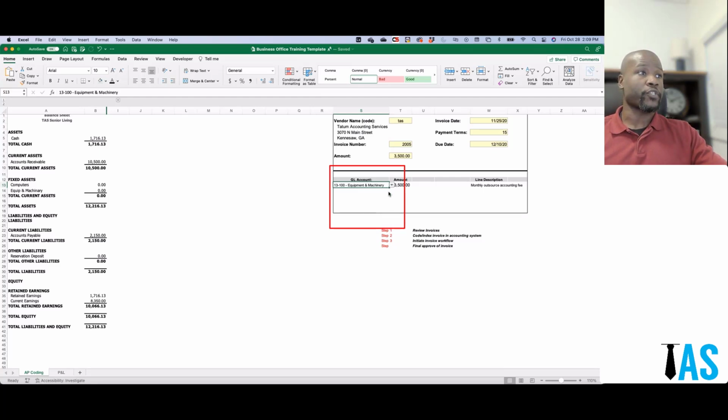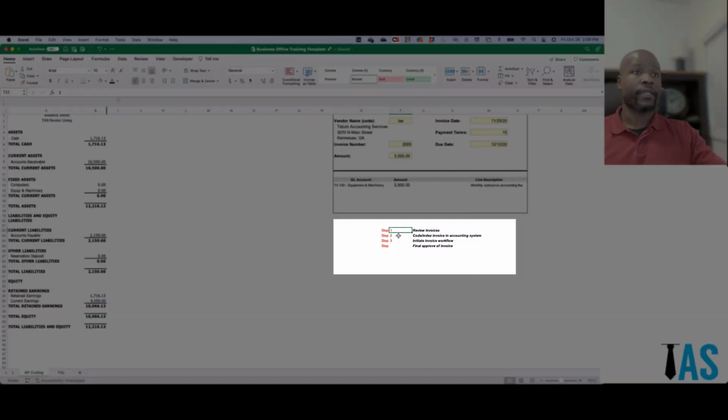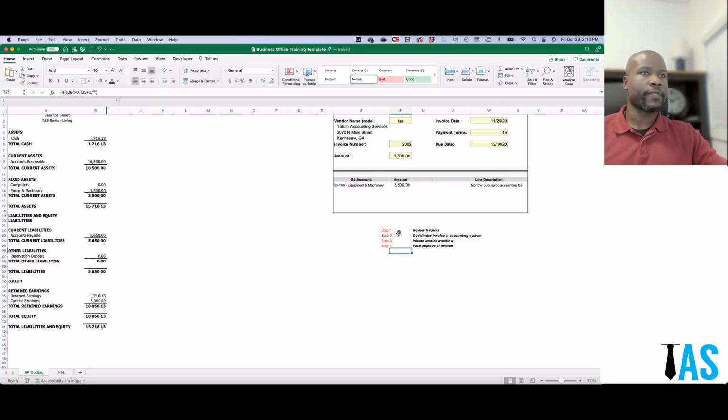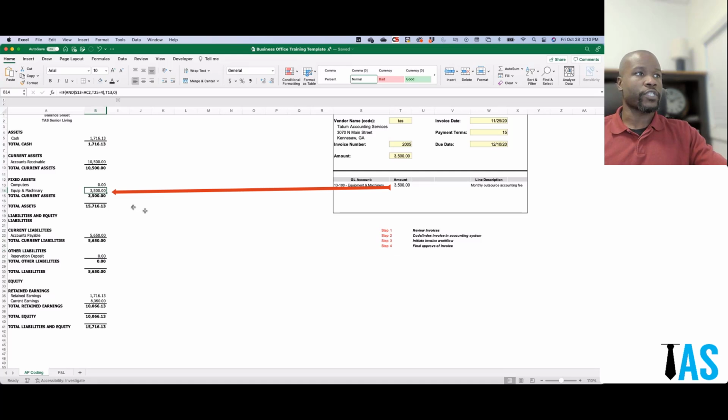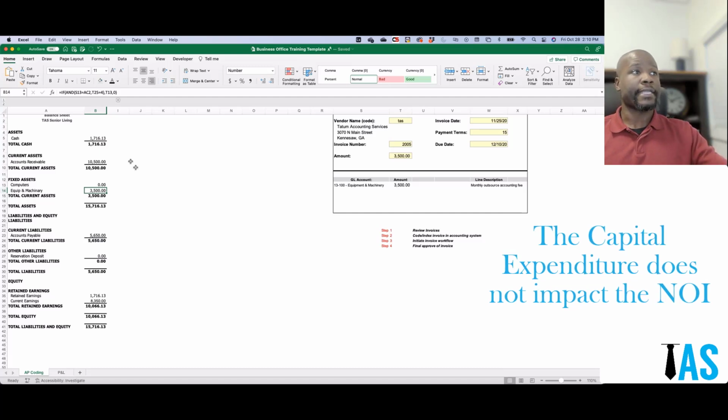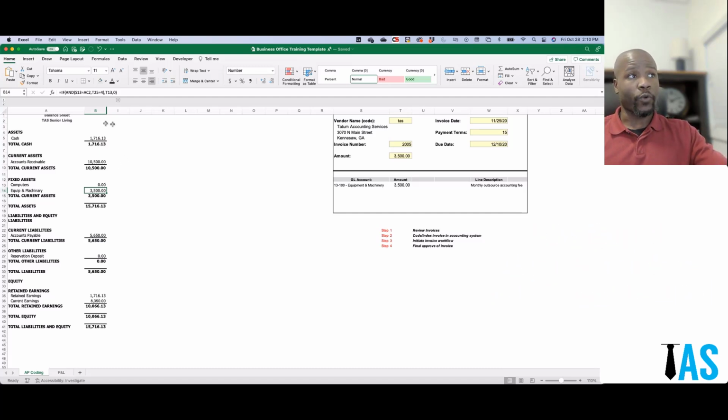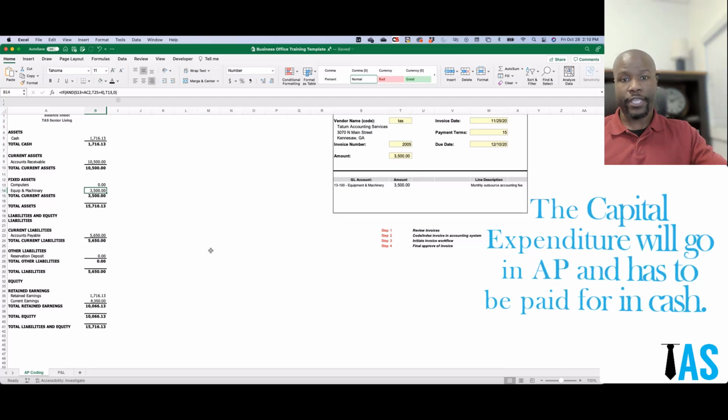So equipment and machinery. Okay, and so we've reviewed the invoice, and we like the steps just to try to break everything down into steps. So review, code, initiate invoice workflow, everybody's approval. Boom. This shows up on that balance sheet, right? Not going to run it through the profit and loss statement. It doesn't impact NOI, yet it will go in AP, and we're going to have to pay for it with cash.